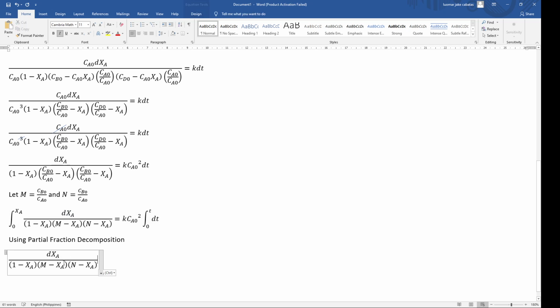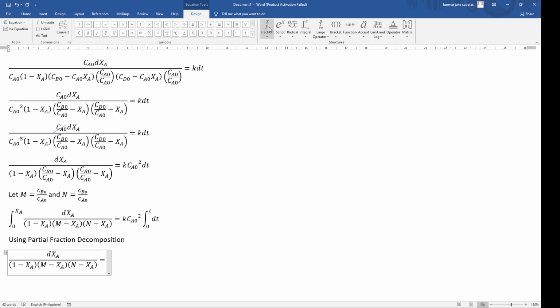So if this is equal to A over this, so it's just linear, then B over this, plus C over this.